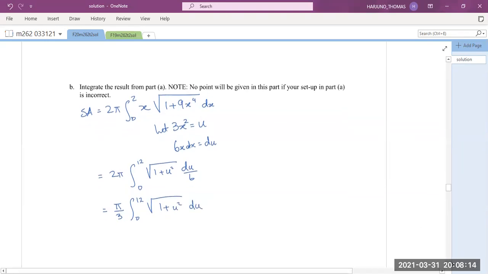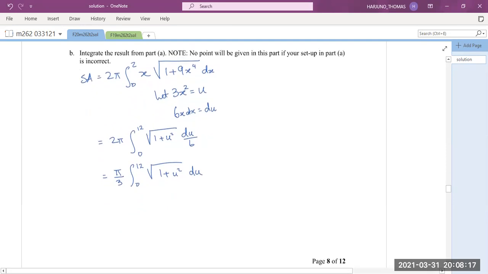Okay, tell me what to do. U equals what? 3x squared. No, I know, but to integrate this, what will you substitute u by? Oh, 1 plus u squared. Yeah, u equals tangent theta. Sorry, du equals secant squared theta d theta.